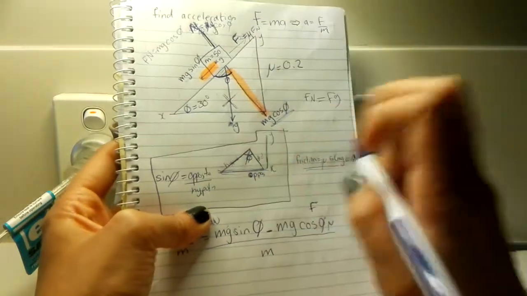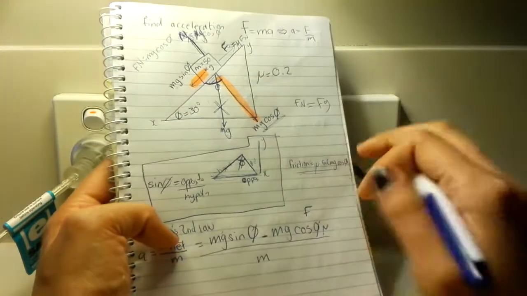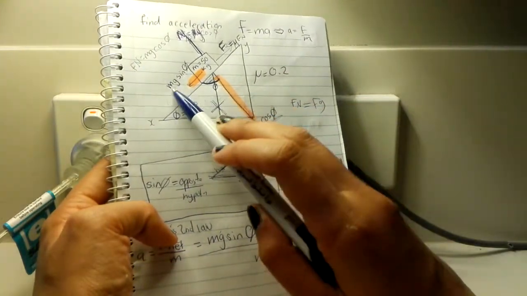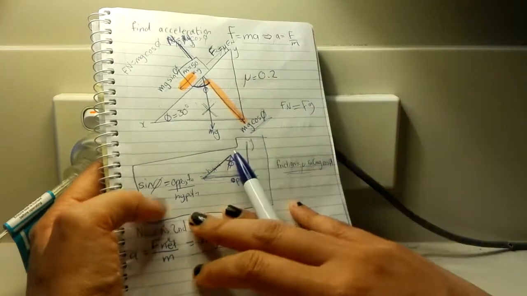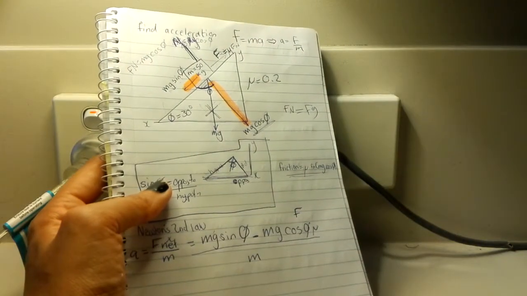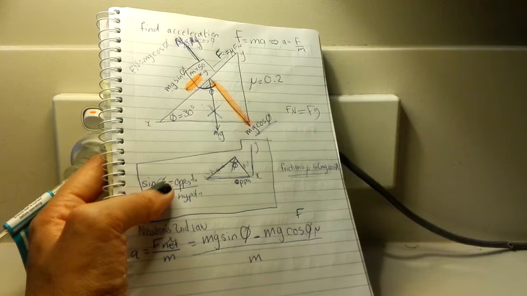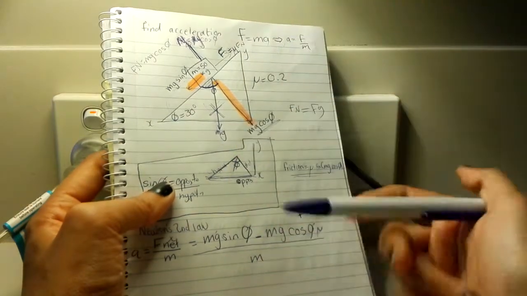So as we solve it here, we will use sine instead of cos. So it will be mg sine theta, and it will be mg cos theta. For more information about it, I recommend going through trigonometry, but that's a brief explanation.